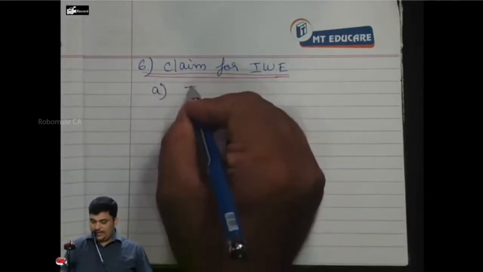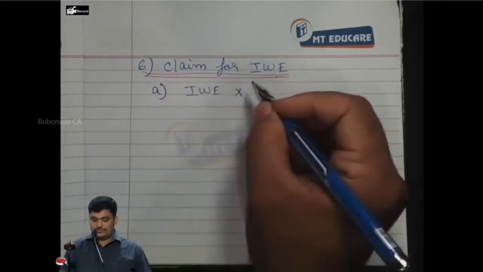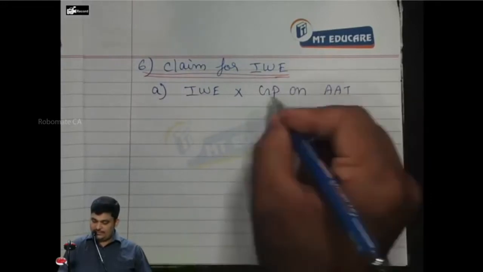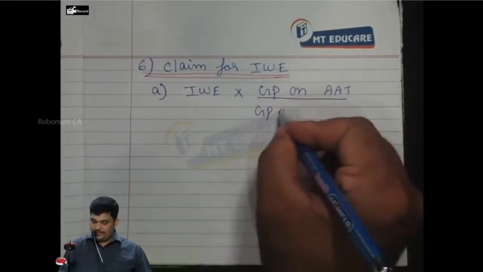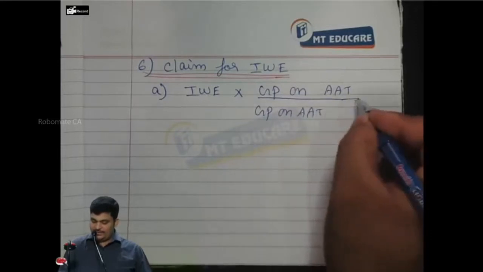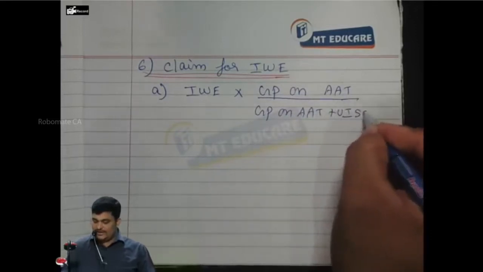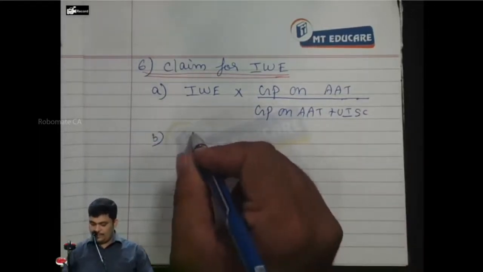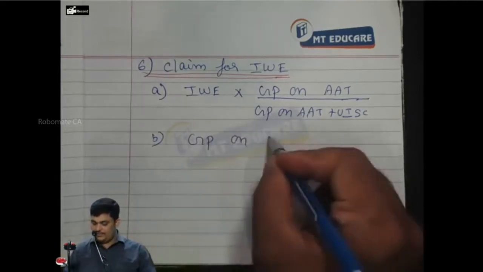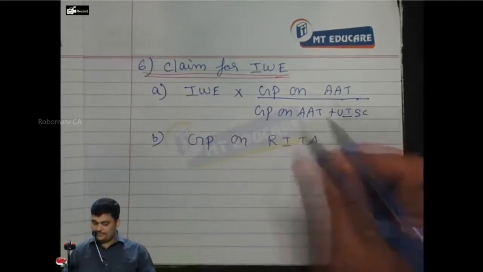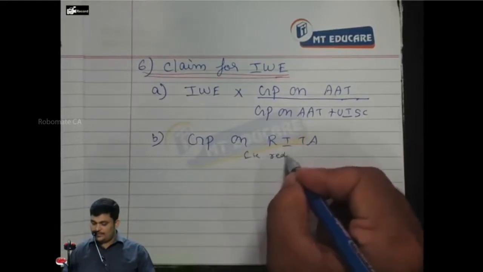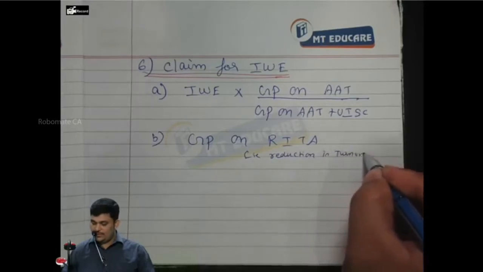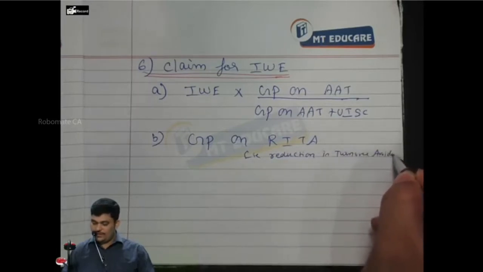We have IWE into GP on AAT divided by GP on AAT plus uninsured standing charges, and GP on RETA, that is reduction in turnover avoided.